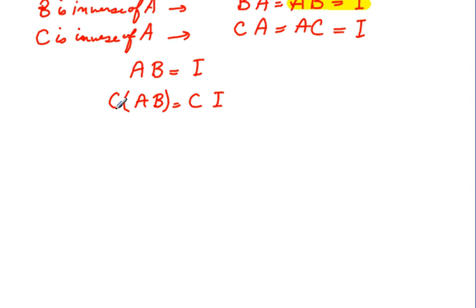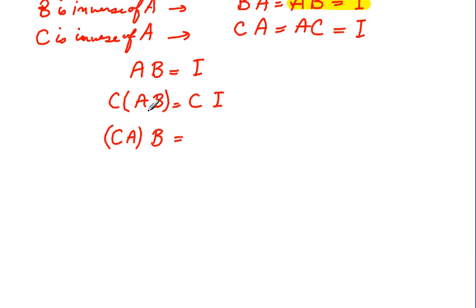Now we learn about a certain property of matrix multiplication. C times A times B can be written also in another way, which is what? We didn't prove it. That was one of the problems I asked you guys to look into, that matrix multiplication is associative.